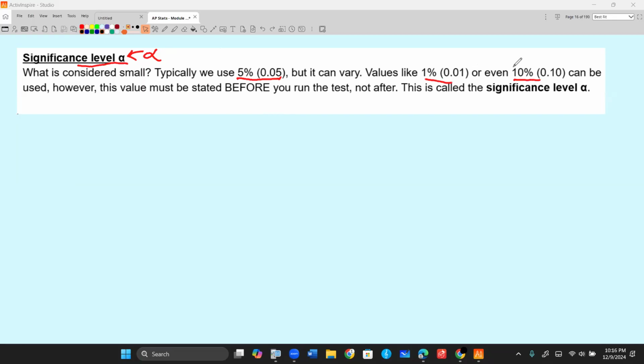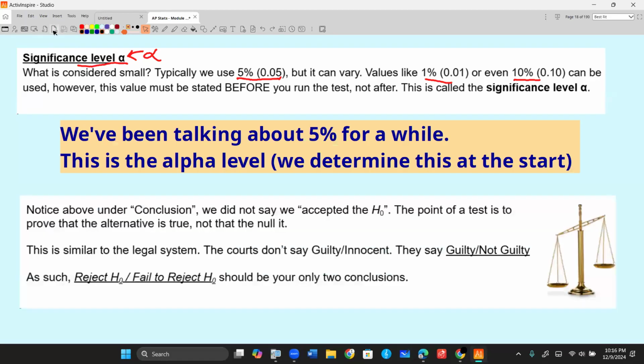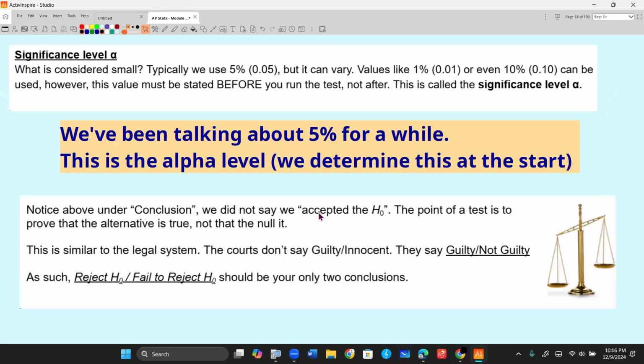And it really depends on the situation and what your comfort level of maybe rejecting or not rejecting a hypothesis is. Now, we've been using 5%, but we have to always set this at the beginning. And when we're doing our conclusions, we're never going to accept, okay? So it's not correct to say accept the null hypothesis.